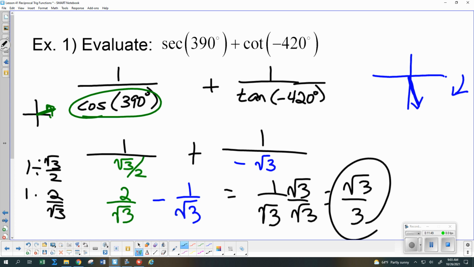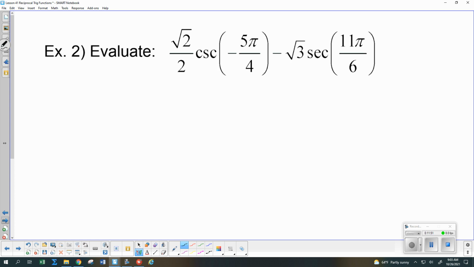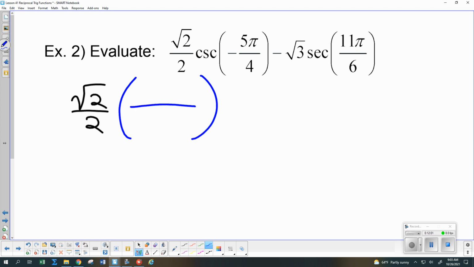Okay, next example then, this time with radians. This time I have root 2 over 2 times something. Cosecant is one of the reciprocal functions, so it is 1 over, and cosecant is 1 over what? 1 over the sine.